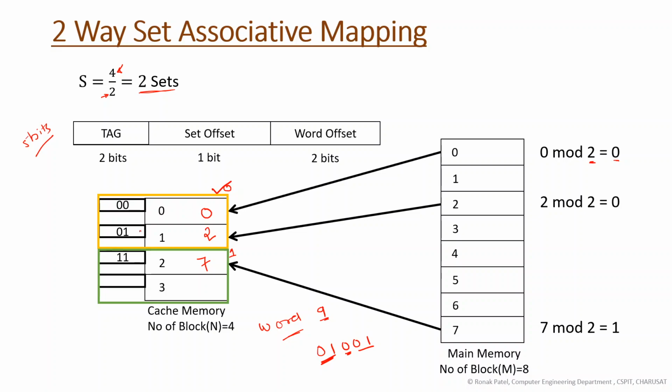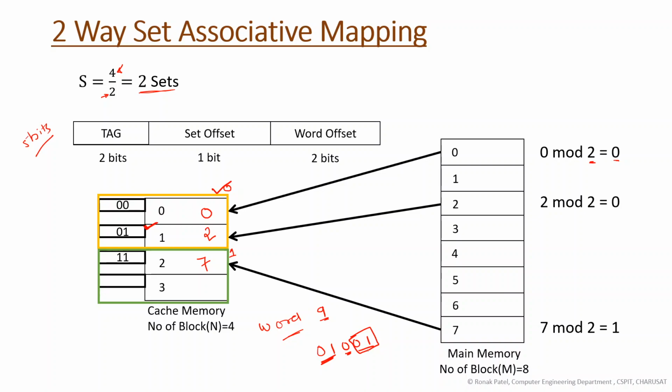the block that contains word number 9 is present in this cache block 1. Now the word is located at this location.